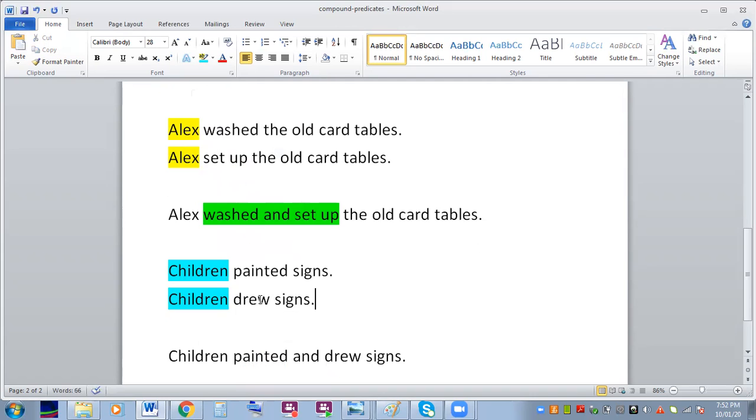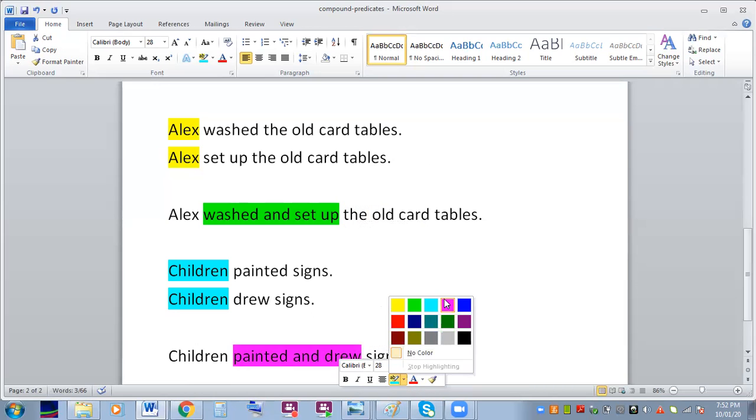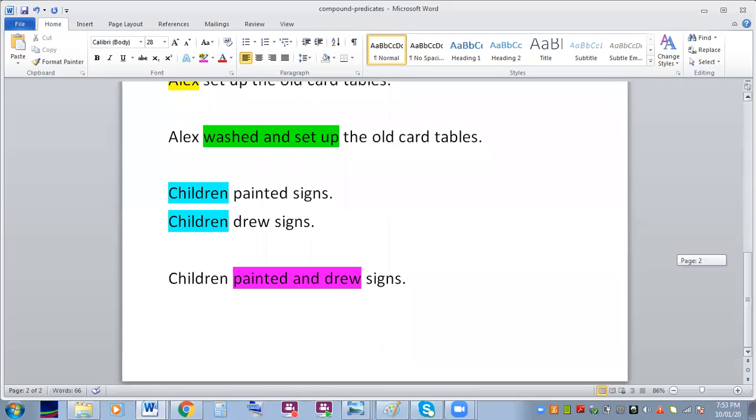They painted. And what did they do in the second sentence? They drew. So we have children, painted, and drew. Remember, we combine the two things that our subject did by using the conjunction and. Children painted and drew signs.